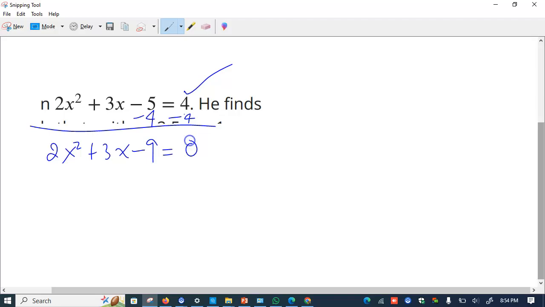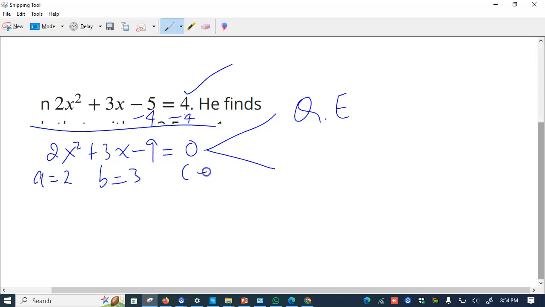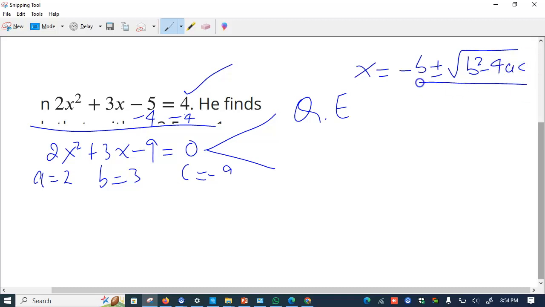Now we have the option, since we are talking about a quadratic equation, to use the quadratic formula. So now your a is 2, b is 3, and c is negative 9. So when you apply the formula x equals minus b plus or minus the square root of b squared minus 4ac, over 2a, therefore x equals minus b, this is plus 3.